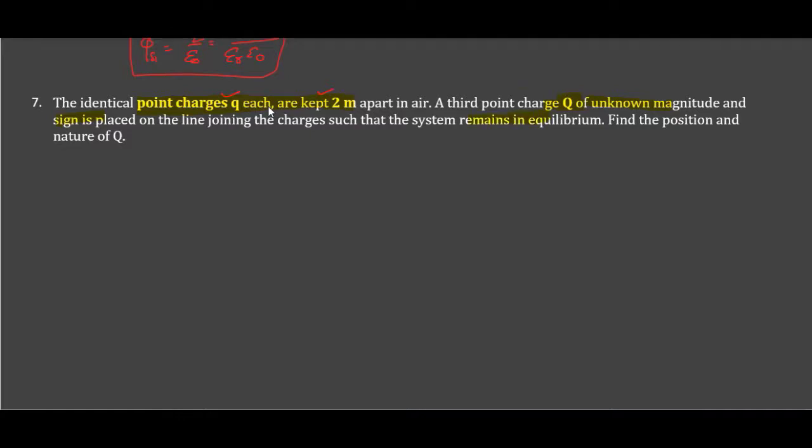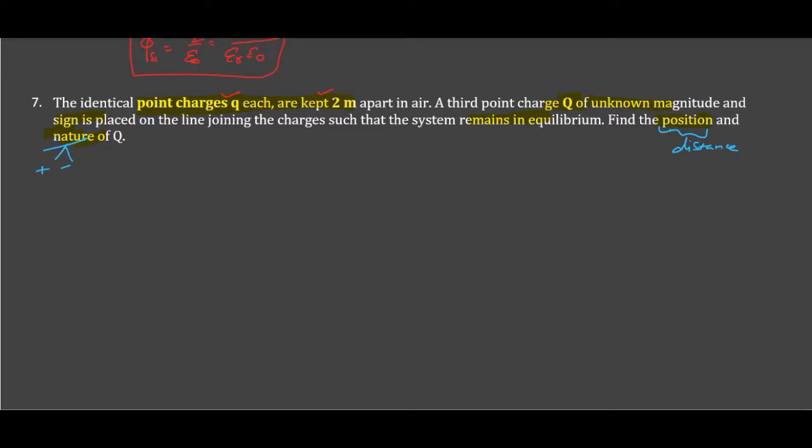So when you are placing your charge, again it gets equilibrium only. Find the position and the nature. Position means we have to calculate distance. Nature means we have to calculate either positive or negative.